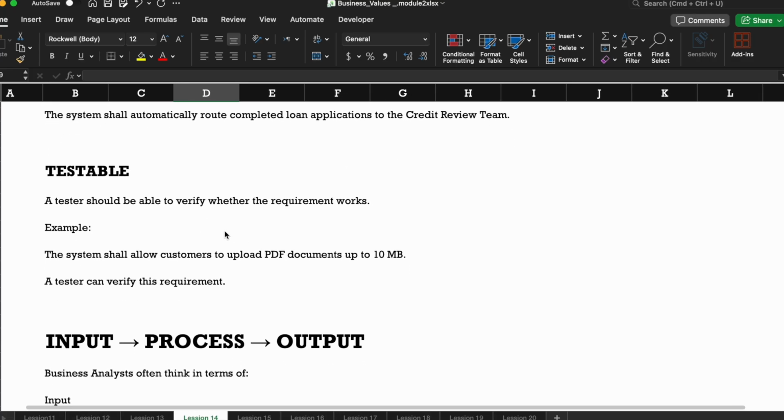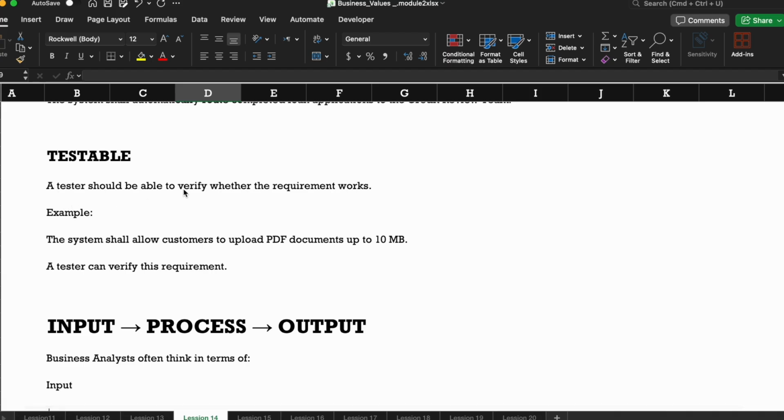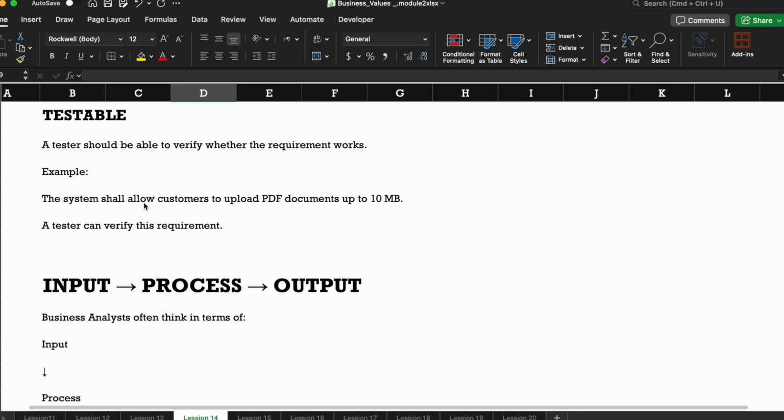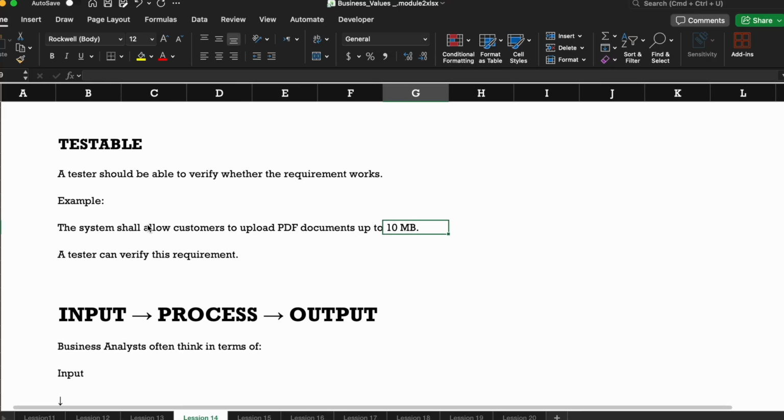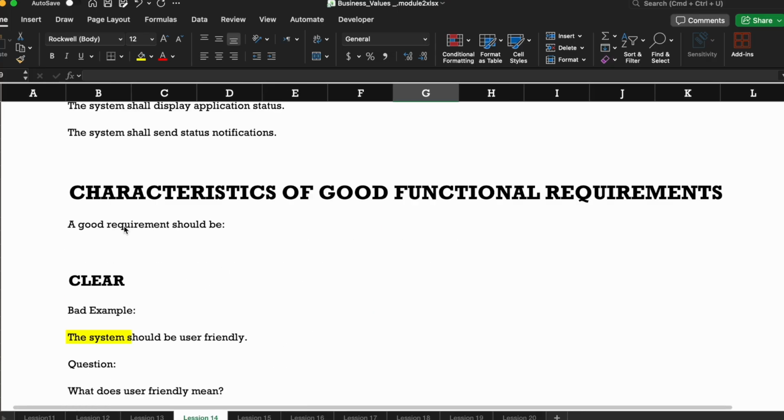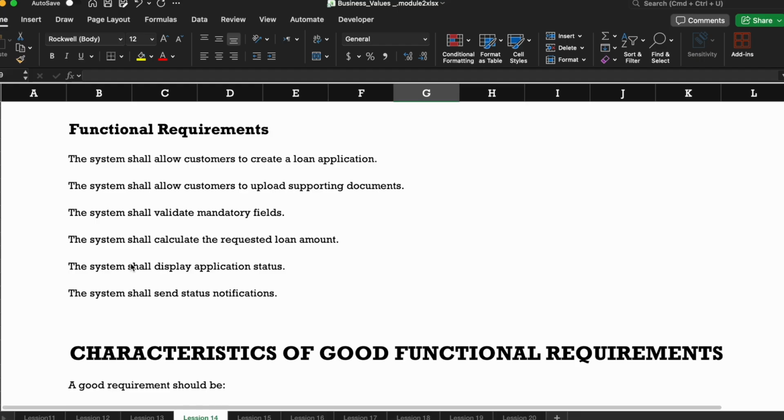Good example: testable. A tester should be able to verify whether the requirement works. Example: the system shall allow customer to upload PDF documents up to 10 MB. You cannot simply say the system should allow customer to upload supporting documents.